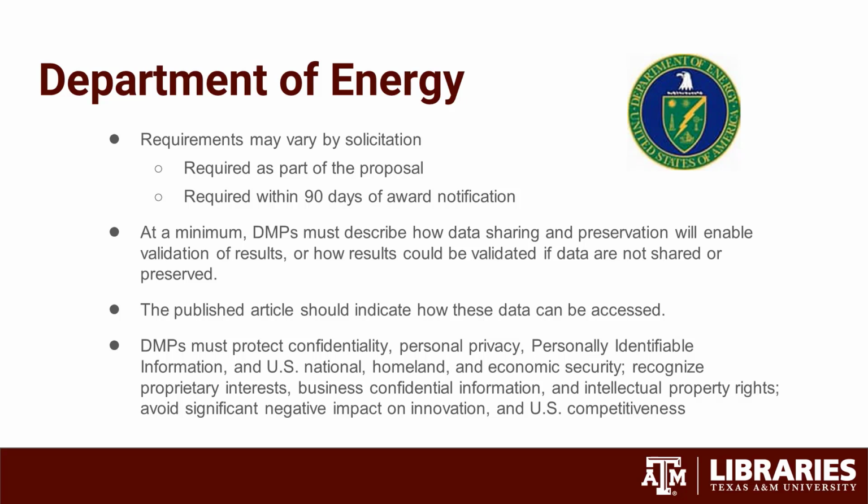But also with Department of Energy, there may be things that affect homeland security or economic security. So you just have to be careful on your data as to what you can make publicly available and what you have to have some concerns about keeping private or finding other ways to limit the access to.